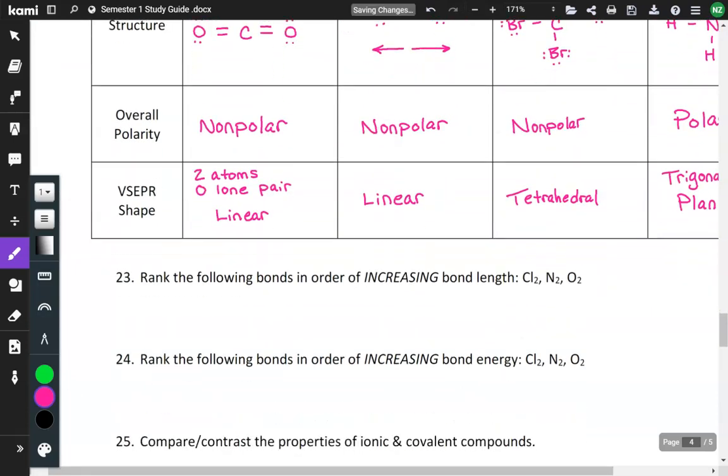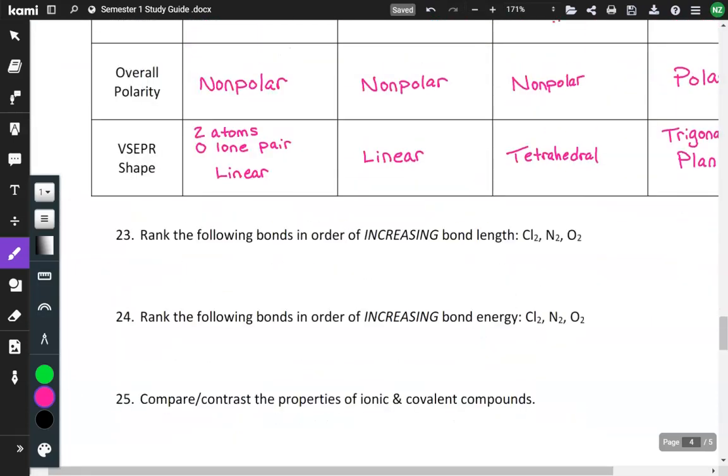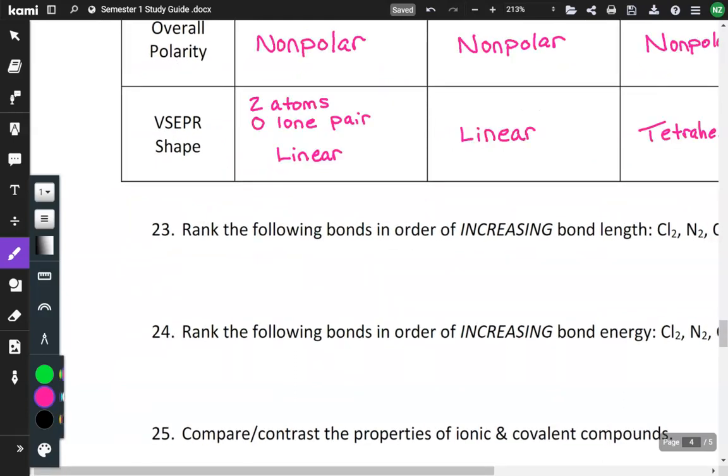Okay. For these, let's take a look. Cl2 looks like this. N2 looks like this.